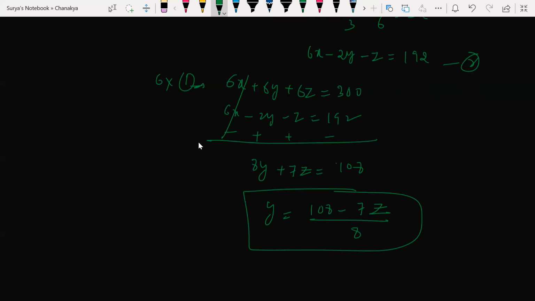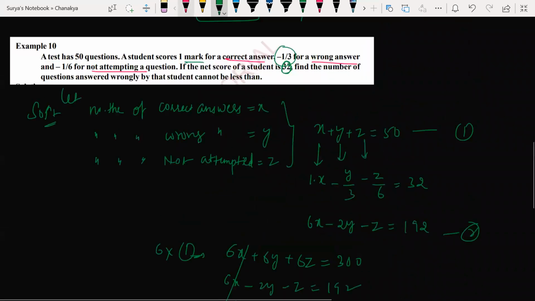Yes or no? Yes. Now what do we need to find out? We cannot eliminate whatever we wish to. We have to eliminate as per the question demands. Wrongly attempted question cannot be less than. So yes, we have to eliminate z only.